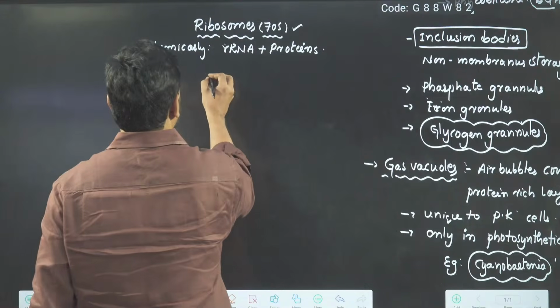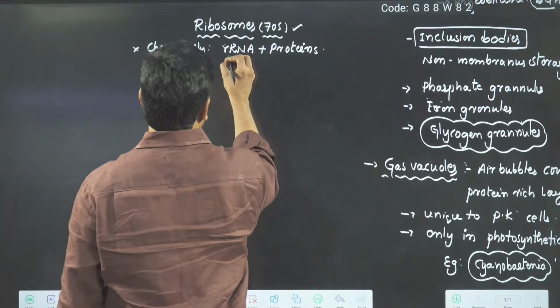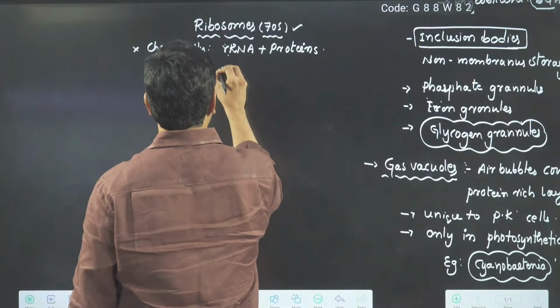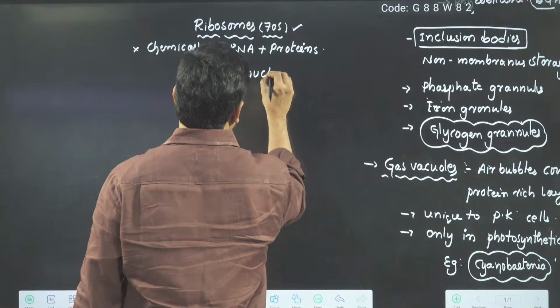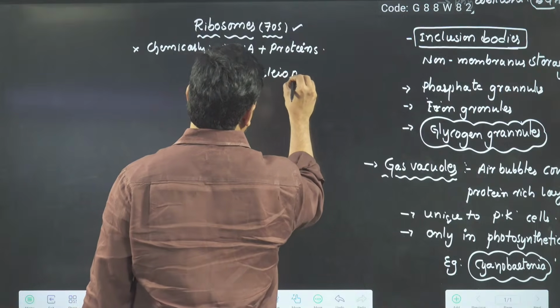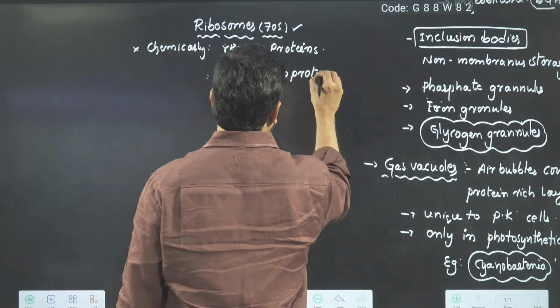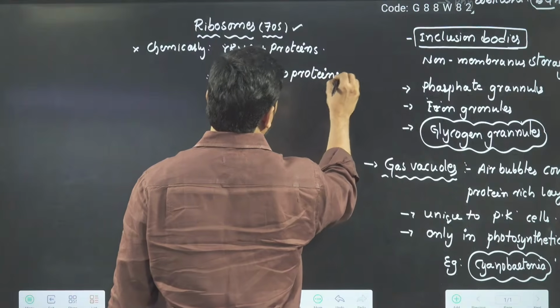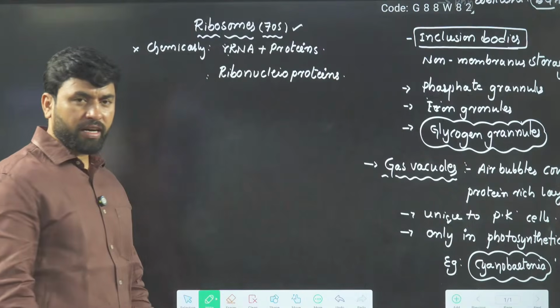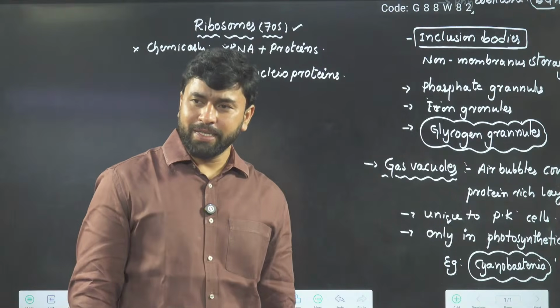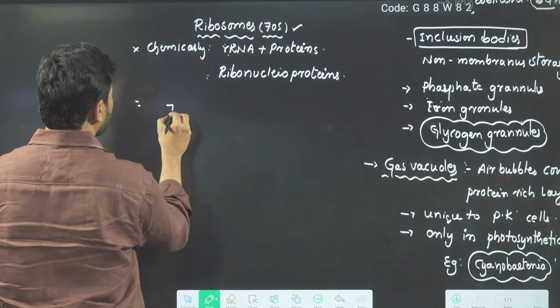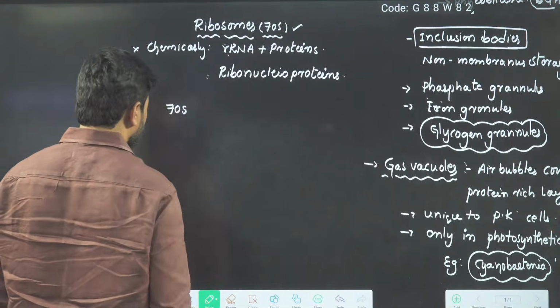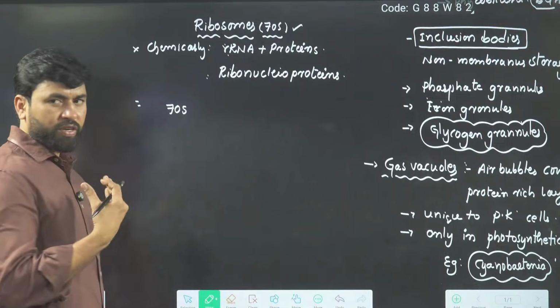Next one. Because they have rRNA and proteins, all together they are called ribonucleoproteins. Ribosomes are known as ribonucleoproteins because rRNA and proteins are present in them. Next one. If you talk about the so-called 70S ribosomes, S stands for Svedberg unit.